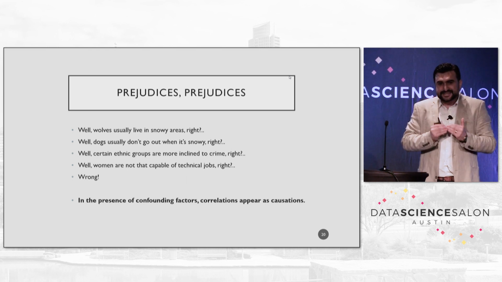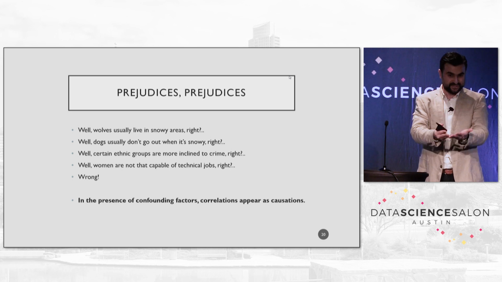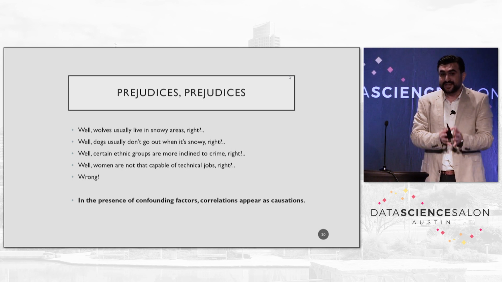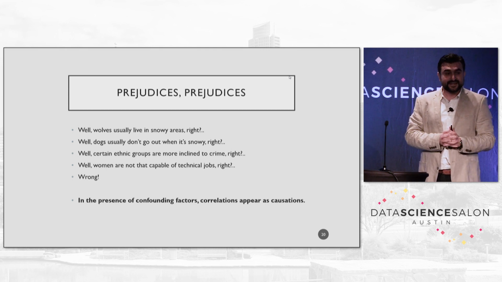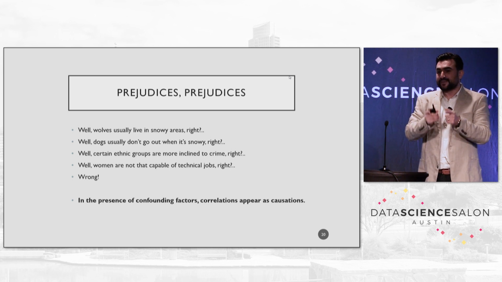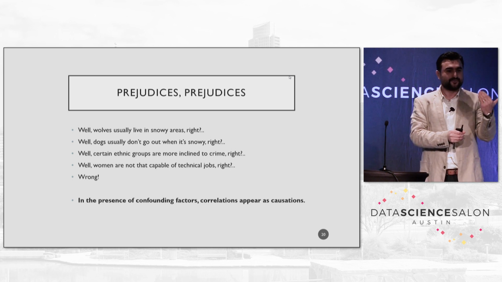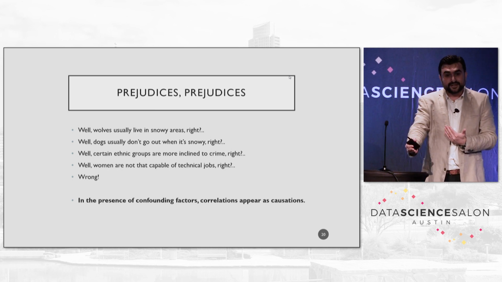But the next lady that steps into our machine learning model, which we deployed after training on that imbalanced or unfair data set, is going to be labeled as less capable of being good at a technical job than a random male, right?